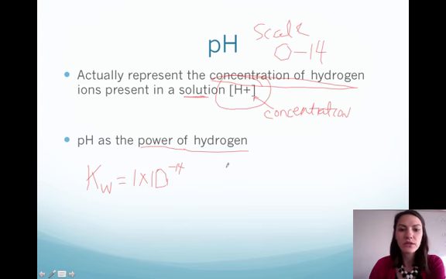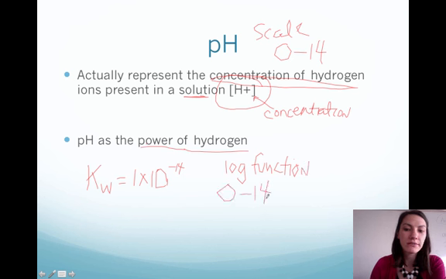We actually use the log function from math class, and that allows us to convert between 1 to 14 when really we're talking about 1, or times 10 to the 0, all the way to times 10 to the 14.